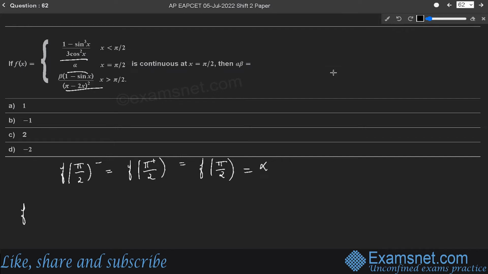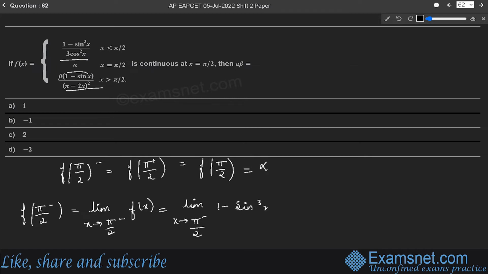Therefore, f of pi by 2 minus will be equal to limit x tends to pi by 2 minus of f of x, which will be equal to limit x tends to pi by 2 minus of (1 minus sine cube x) divided by (3 cos square x).